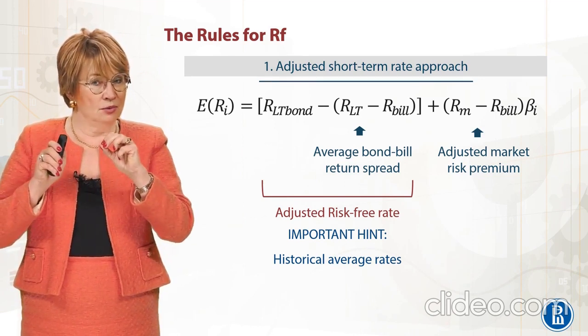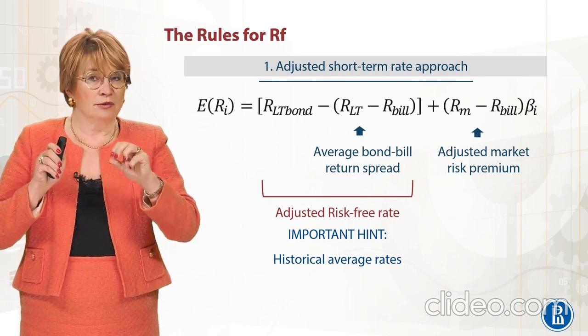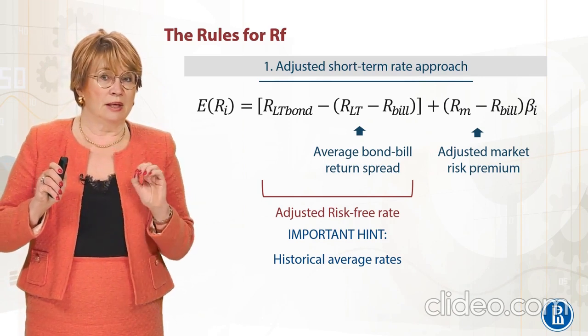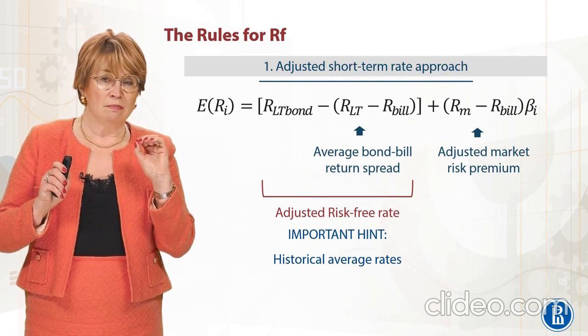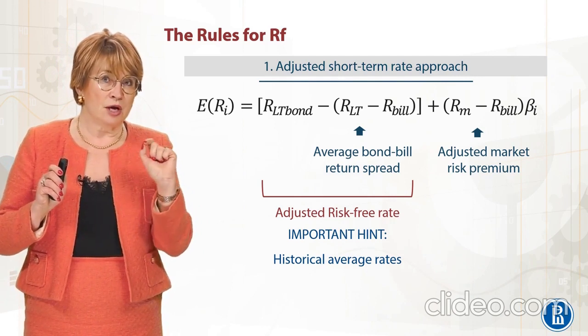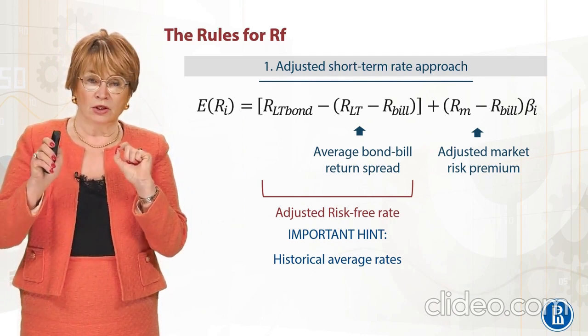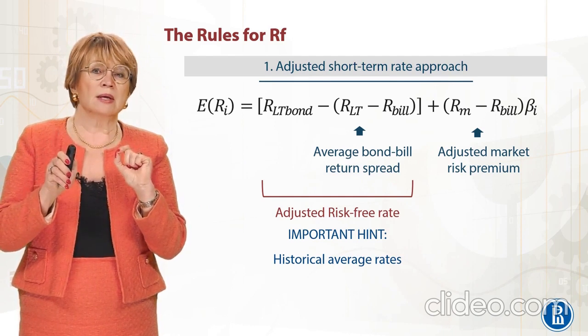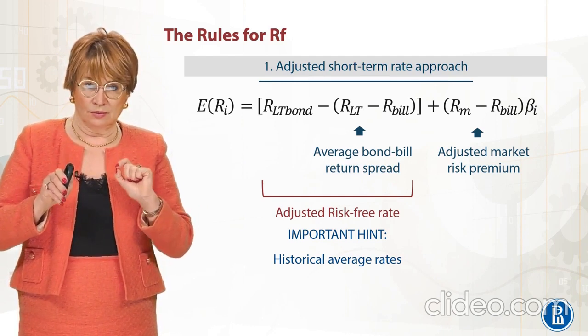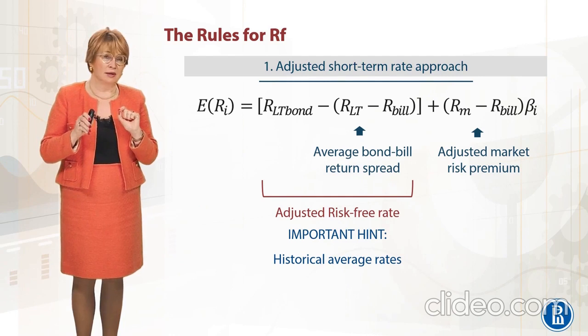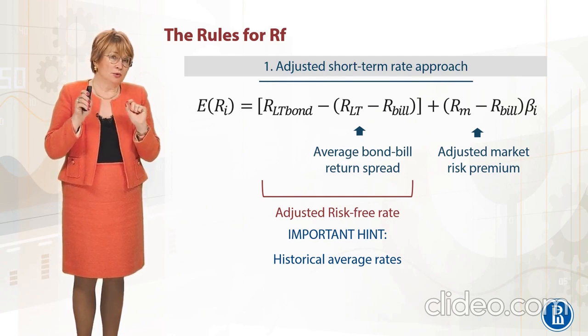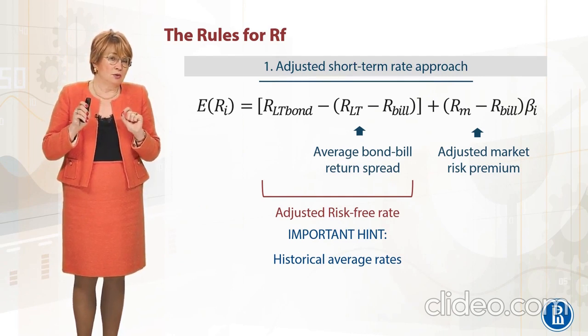So if we want to insist that we think it's really smart to apply treasury bills instead of treasury bonds, we need to be aware that we are following that equation. Finally, maybe the analyst will say, wow, I would like to get rid of it because this is too complicated.